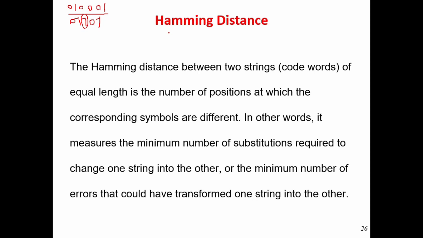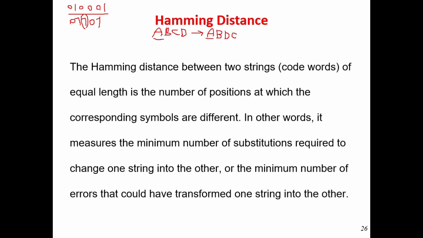And what does Hamming distance say? Once we have one string, let's say A, B, C, D, and I want to transfer this string to another place, suppose now we have A, B, D, C, right? Hamming distance says for each place of these letters, for instance, this is the first place, we need to do the comparison.